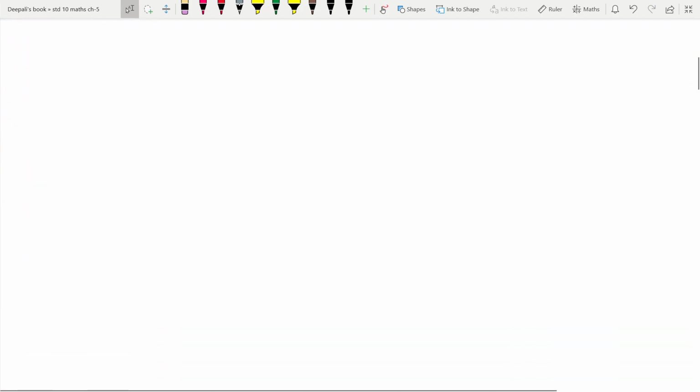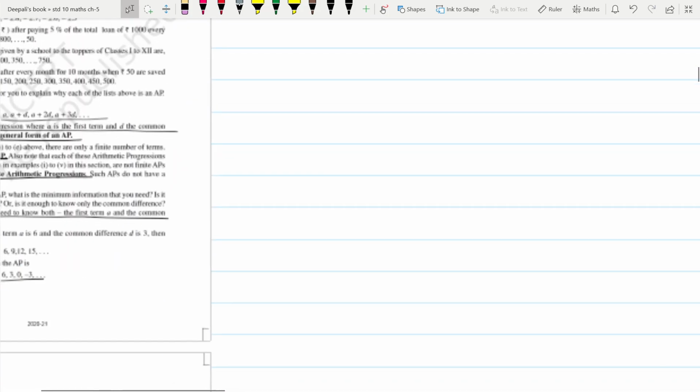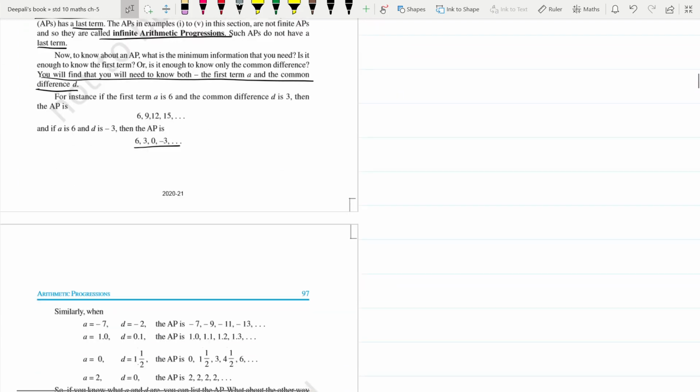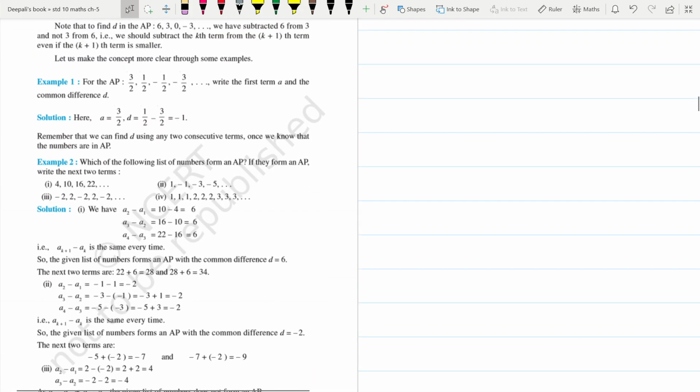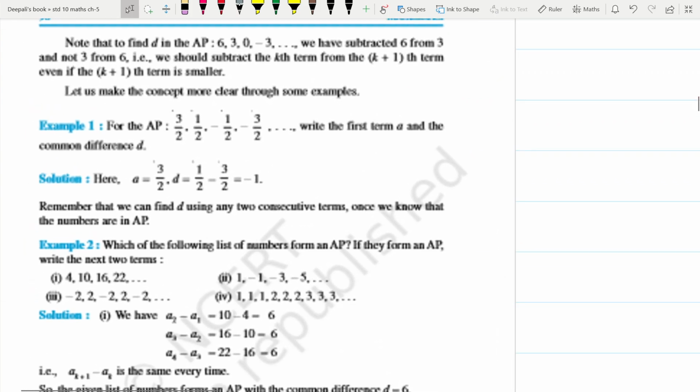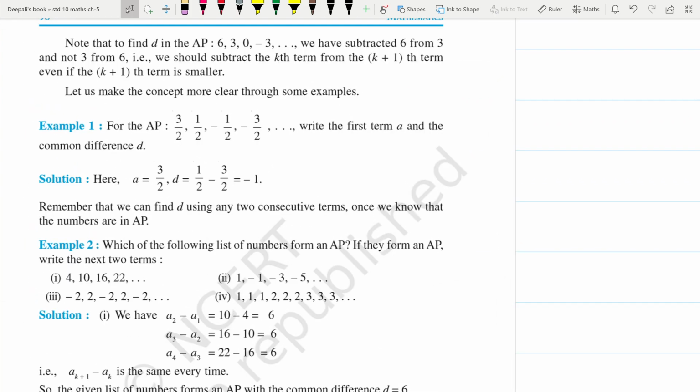Now let us look into the examples. Example 1. For an AP 3 by 2, 1 by 2, minus 1 by 2, minus 3 by 2, write the first term A and common difference. Very simple. First term is 3 by 2.